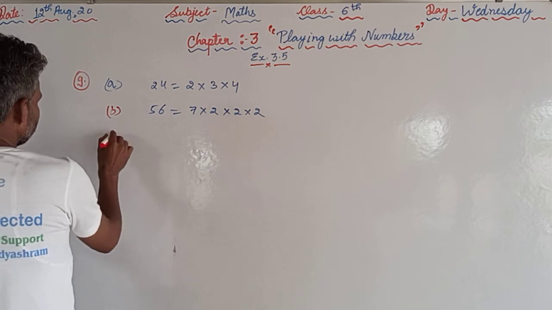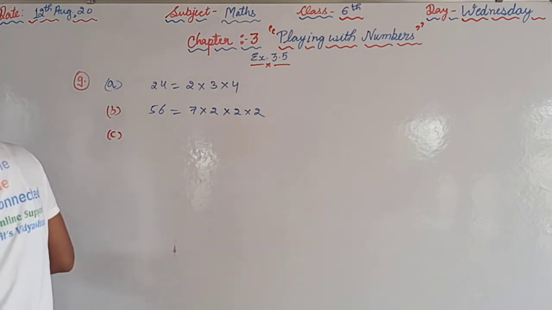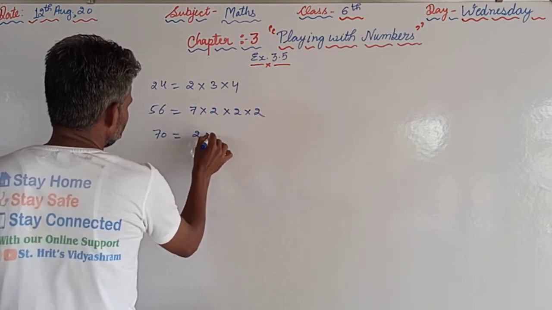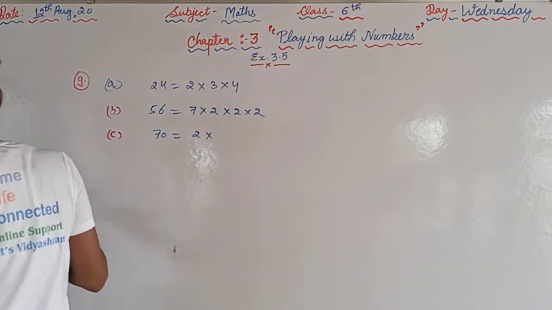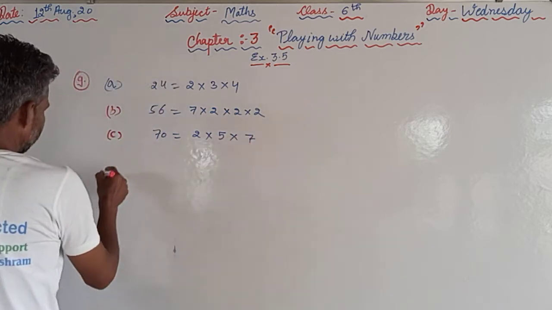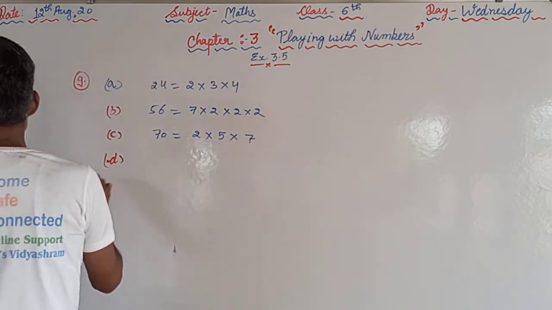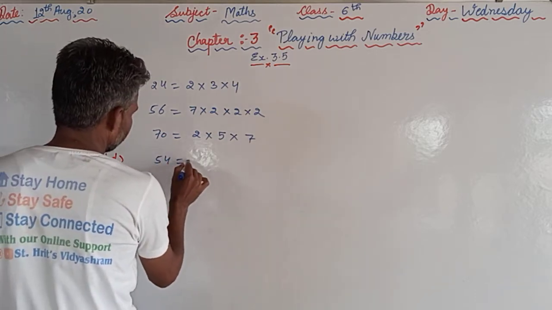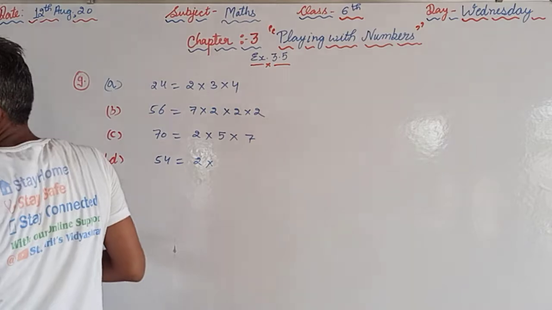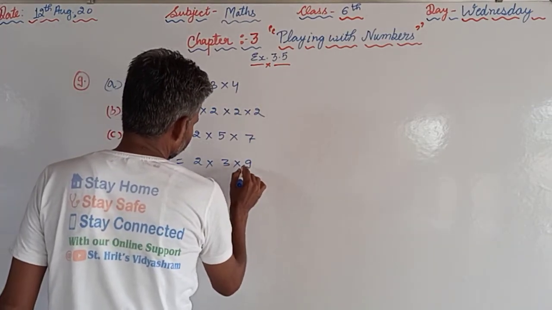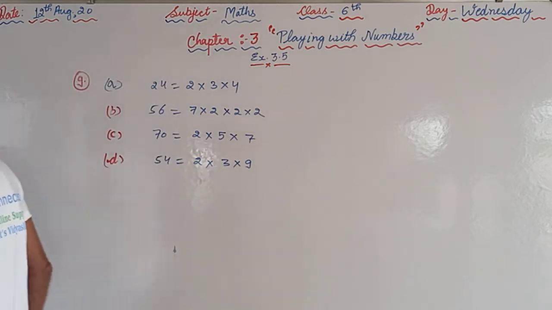And C part is given, that is 70 is equal to 2 into 5 into 7. And D part is given, that is 54 is equal to 2 into 3 into 9. So these are the prime factorizations given.